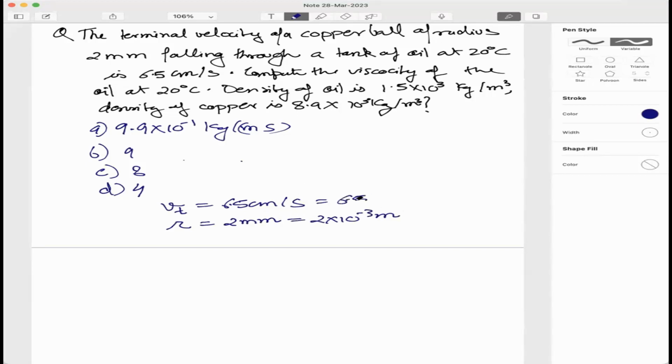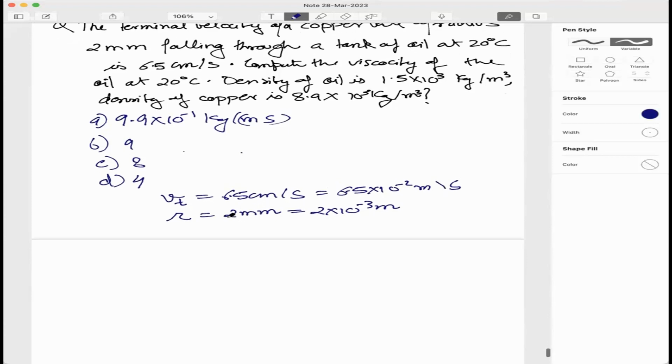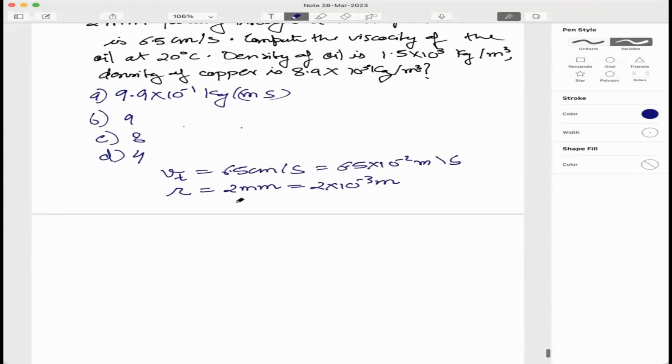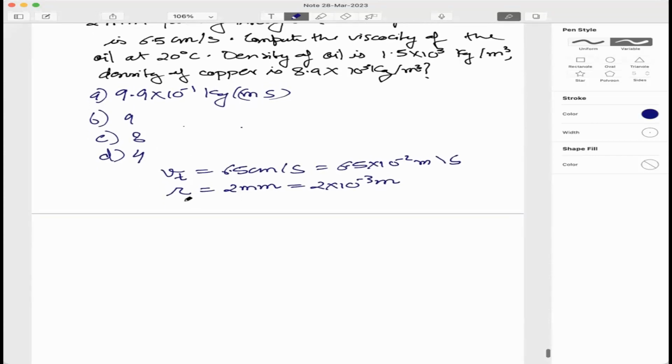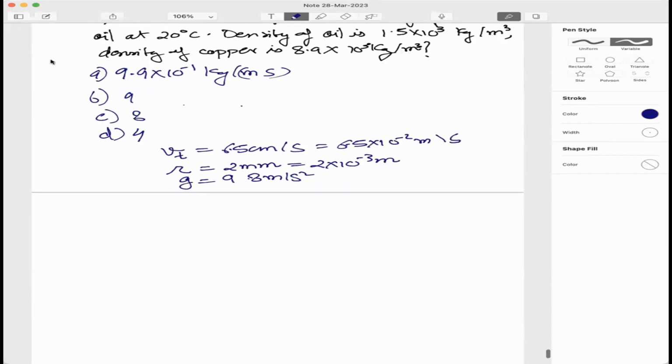That is 6.5 into 10 to the minus 2 meter per second. To convert everything into SI unit, that is the best way because the final answer is also in the SI unit. Okay, so that is this. Then g is 9.8 meter per second square. In all the lectures, it is there.